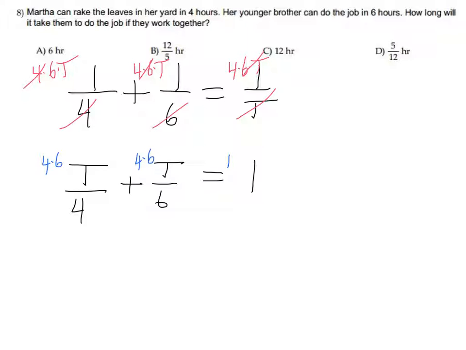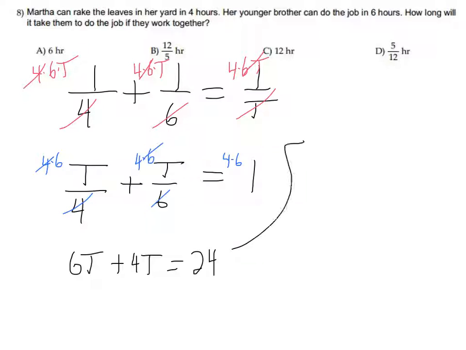Now 12 would be more, I don't know, socially acceptable, whatever. But it just works really fast, so I don't worry about it too much. Either way, you end up with 6t plus 4t equals 24. That is 10t equals 24.